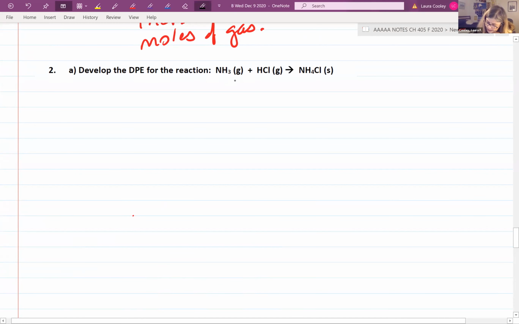So here we have 2 of the same gases, but forming ammonium chloride, which is a solid. So when we develop the direction predictor equation, we're going to have to remember that mu is equal to mu0 for the NH4Cl. We're not going to have an RT log of P term.